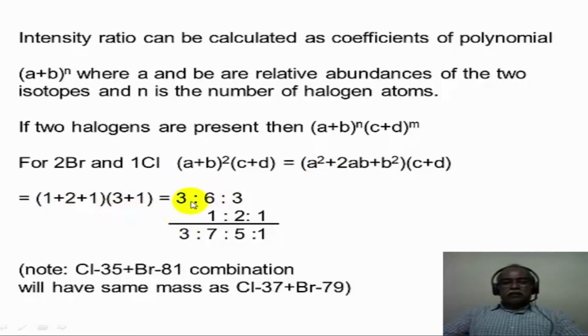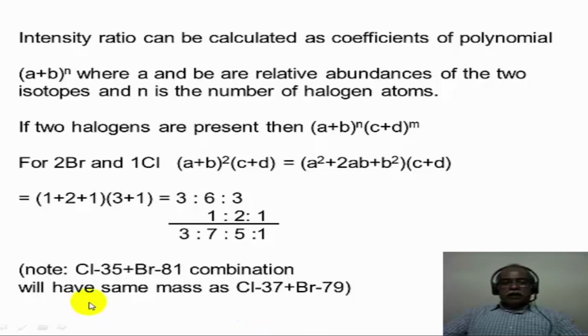Now this essentially corresponds to 3:6:3 when you multiply by 3, and when you multiply by 1 it is 1:2:1. And remember, the 6 and the 1 relative intensities correspond to the M+2, this corresponds to the M+4, and this corresponds to the M+6.